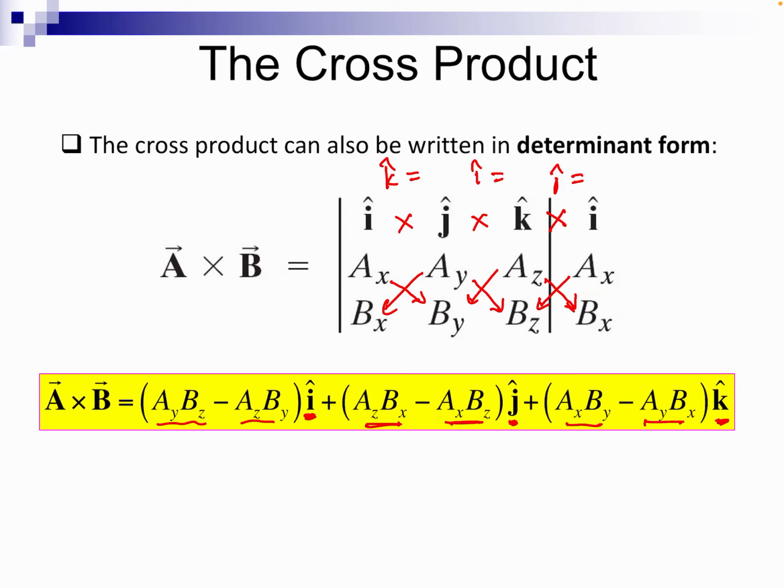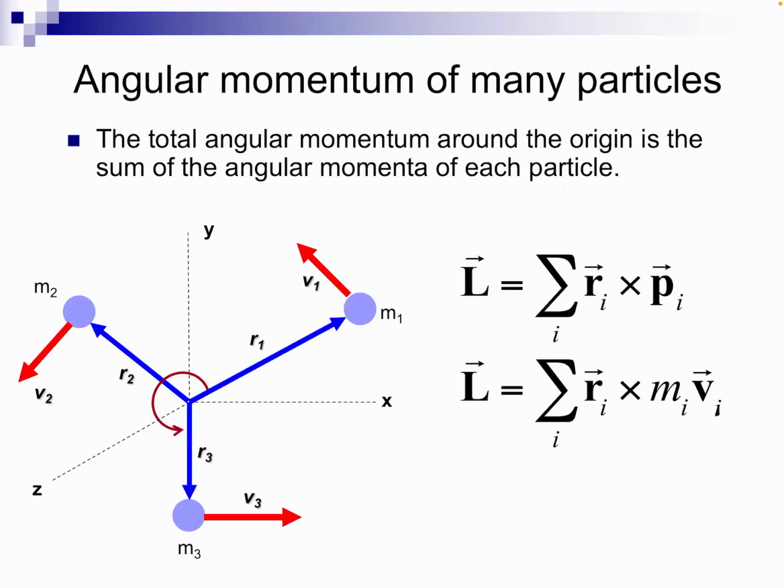So in 3 dimensions, your cross product will have i hat, j hat, and k hat components. All right, cool. Hopefully that was just revision from maths.